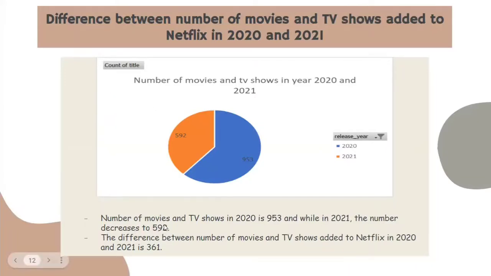After subtracting 592 from 953, the difference between the number of movies and TV shows added to Netflix in 2020 and 2021 is 361. Okay, next slide.